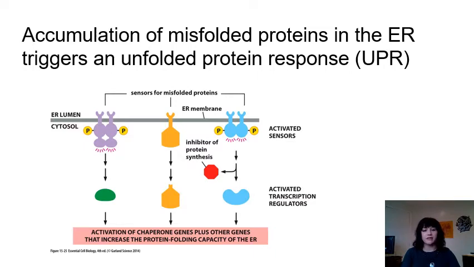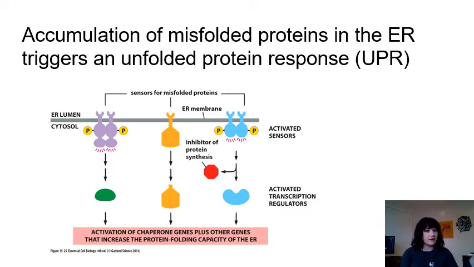We have these sensors on the surface of the endoplasmic reticulum, facing into the ER, and they are sensing for misfolded proteins. If these sensors identify a misfolded protein, they induce a signaling cascade that ultimately results in the upregulation of transcription factors.